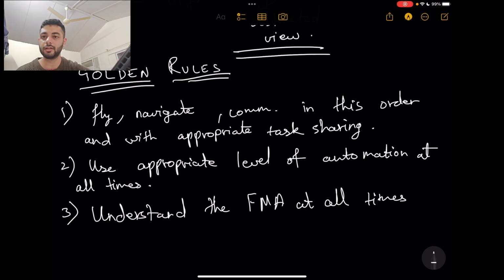This is what the aircraft's mode is, this is what the aircraft is doing. So you need to not only know how to run the automation, you even need to know how to understand and read what the aircraft is trying to tell you through what it's doing in its automation. Okay, so that's why it's important to understand the FMA at all times.